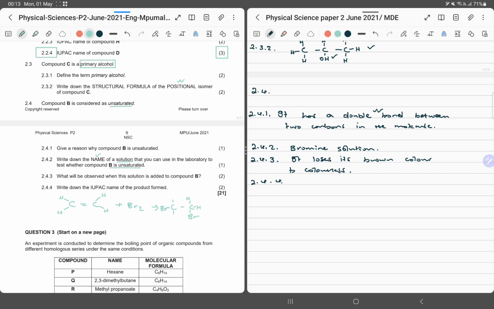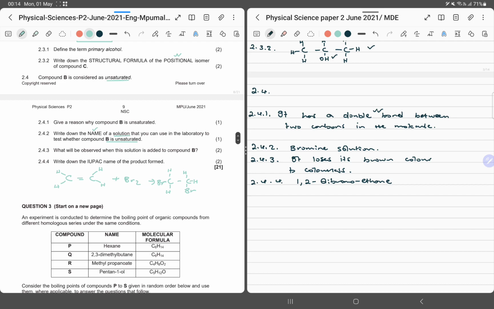No problem, because it's an addition reaction here. We're going to get a 1,2-dibromoethane. Easy stuff. That's the most important, and again, you're getting your 2 marks.